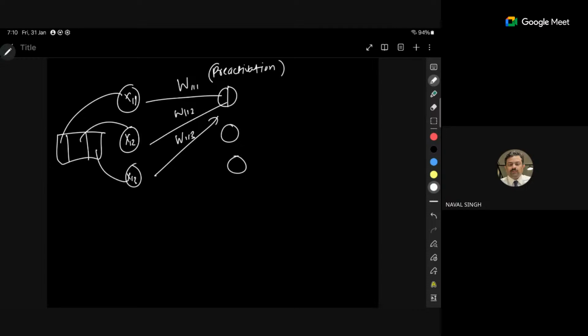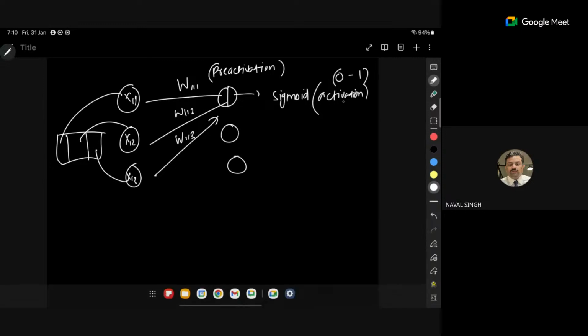So we apply some kind of activation. For example, if I apply a sigmoid, it gives me values from 0 to 1, so 0 to 1 is the range of the output, and all these neurons will produce very small numbers.